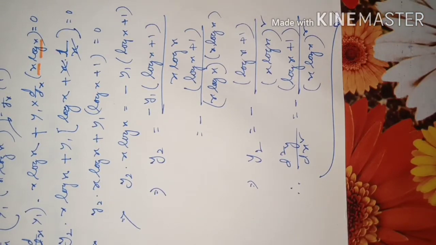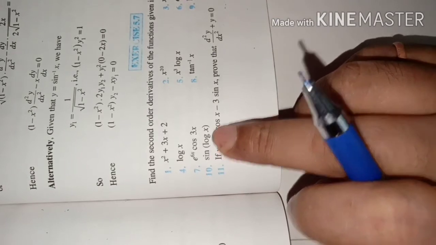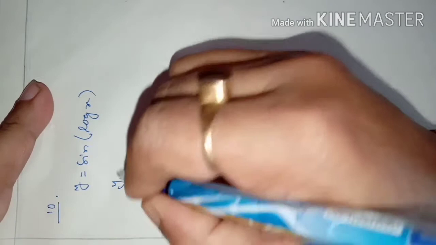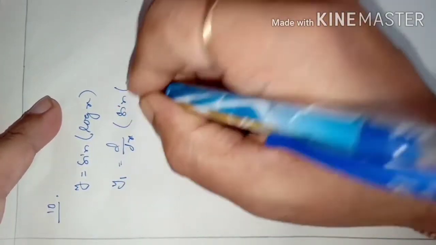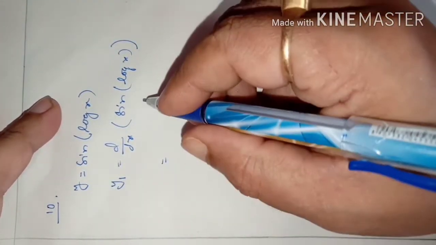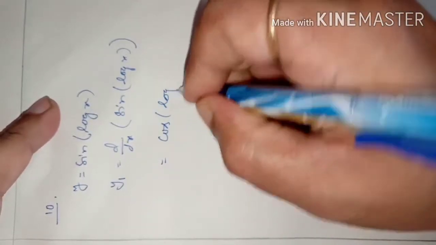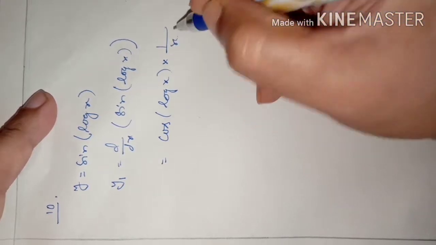Okay students, let us take question number 10, sine of log x. Taking the derivative, y1 is equal to d/dx of sine of log x. So d/dx of sine is cos of log x. Then log x, its derivative is 1 by x.